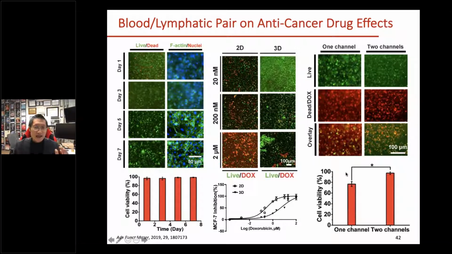Because if you have doxorubicin, for example, as a drug molecule infused into the blood vessel channel, there's a major difference in the transport of doxorubicin within this microenvironment, causing a lot of differences in drug efficacy on the breast cancer cells spaced in between these two vasculatures. All right, so again, this indicates how important it is to allow creation of a biomimetic microenvironment for disease modeling and drug screening.